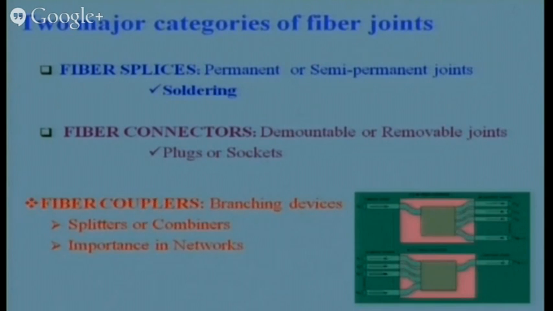We are collecting the information from a number of users and distributing the information to a number of users. A coupler is a totally optical device made from different types of fibers. You can see here, you have an input fiber and a number of output fibers, or a number of input fibers and a single output fiber.